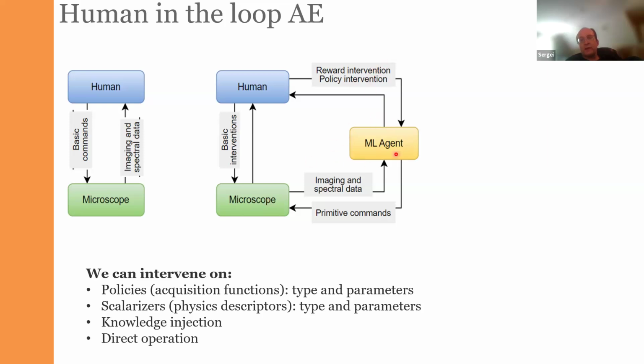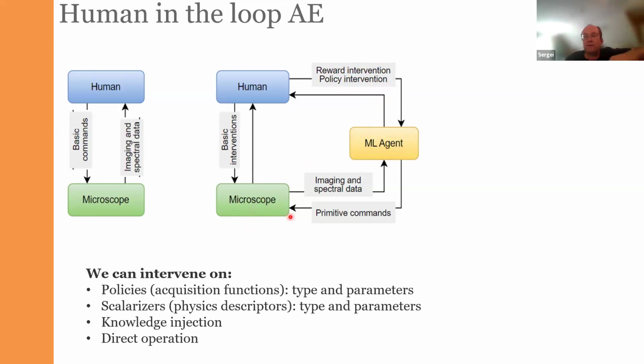We tune the behavior of machine learning agent where we observe the aggregated evolution of the knowledge on the system, our learning curves, or our trajectories in the feature space. And as the result, we decide how to affect the behavior of machine learning agent rather than run things ourselves.